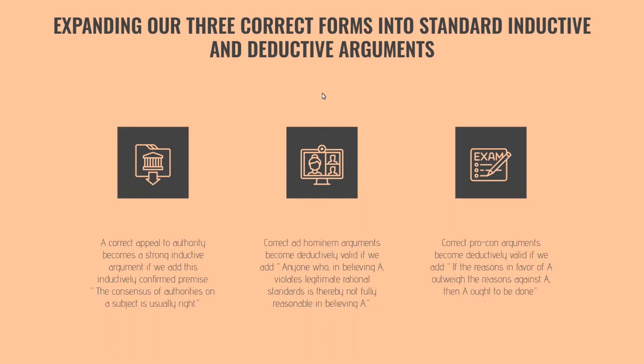Correct ad hominem arguments become deductively valid if we add anyone who, in believing A, violates legitimate rational standards and is thereby not fully reasonable in believing A. And correct pro-con arguments become deductively valid if we add, if the reasons in favor of A outweigh the reasons against A, then A ought to be done.